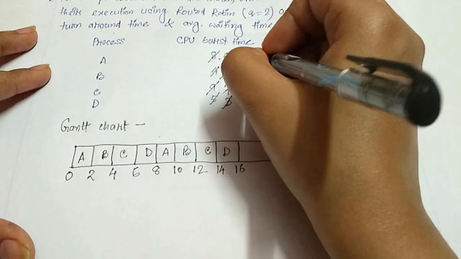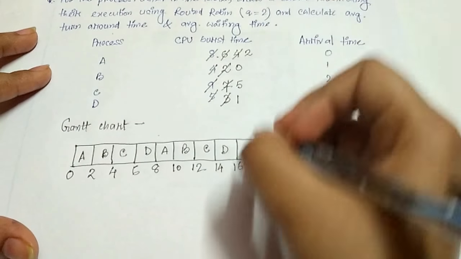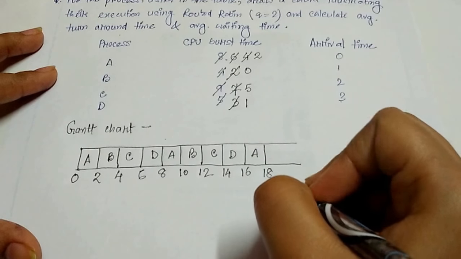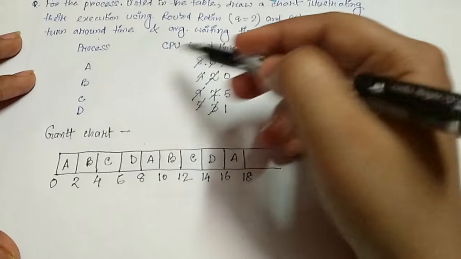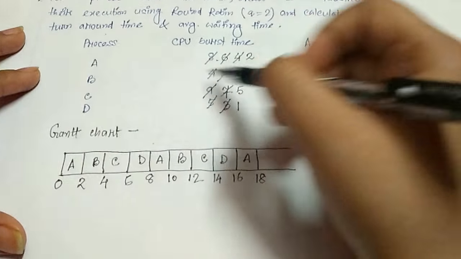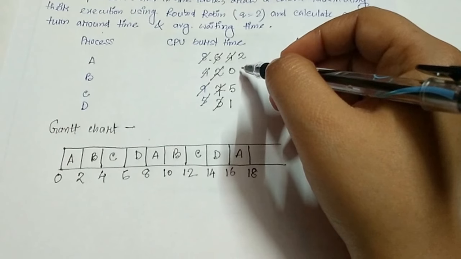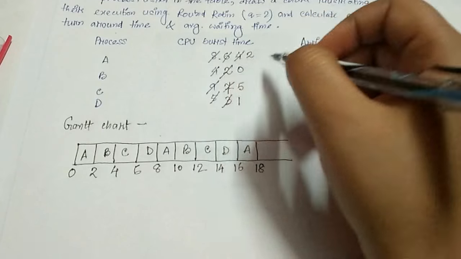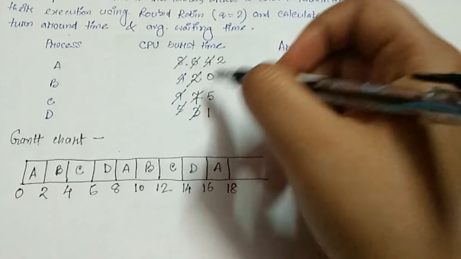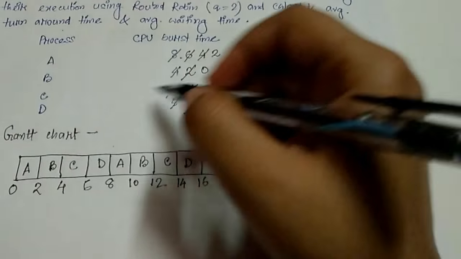If we take 2 from 4, there will be 2 remaining, and here A becomes 18. For process B, the CPU burst time is 0. So the CPU has done all its work and B will not require the CPU. So we should switch to the next process.